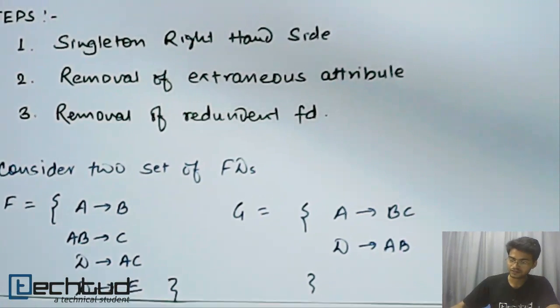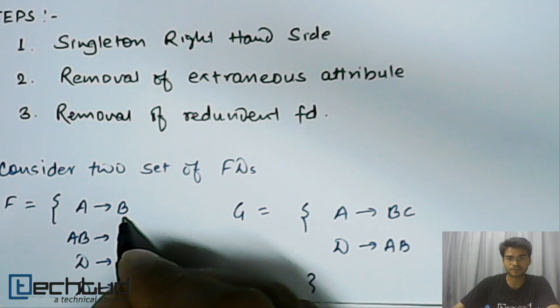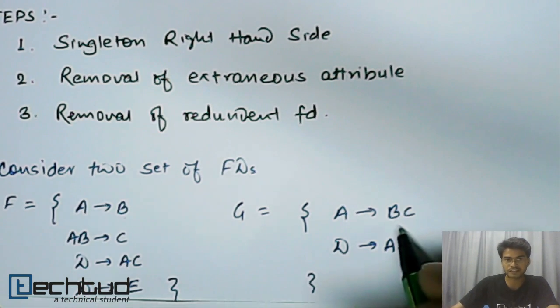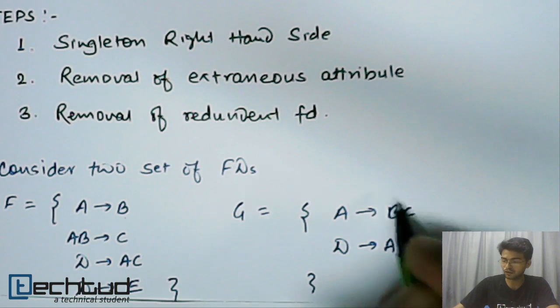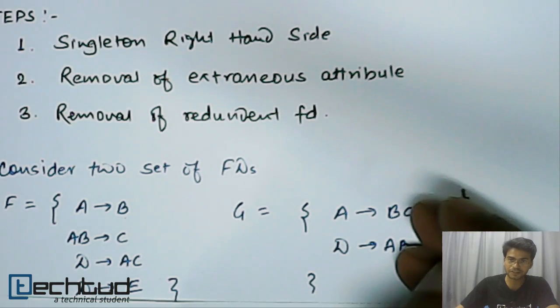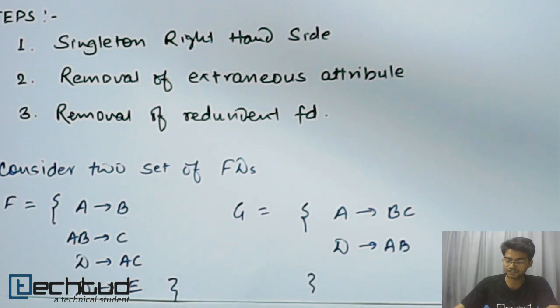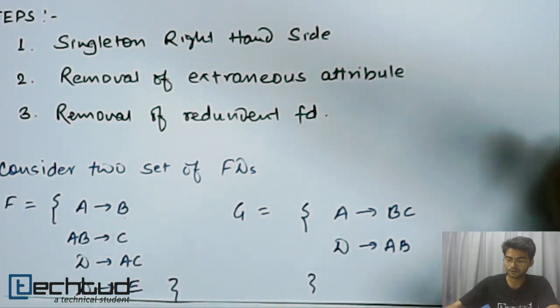Singleton means only one attribute at the right hand side. So this is a singleton attribute at right hand side, but this is not singleton. So we have to make all the functional dependencies have singleton right hand side. If there is a functional dependency which is not singleton, we have to transform it to singleton functional dependencies, right? How do we do this? We will see it right now.